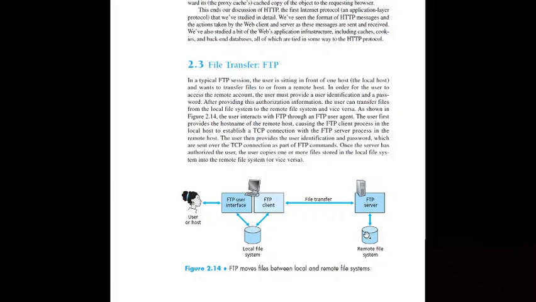Also, if authorization is granted, the user can copy a file present in the remote system to its local directory or local system. So this is what FTP is going to do.